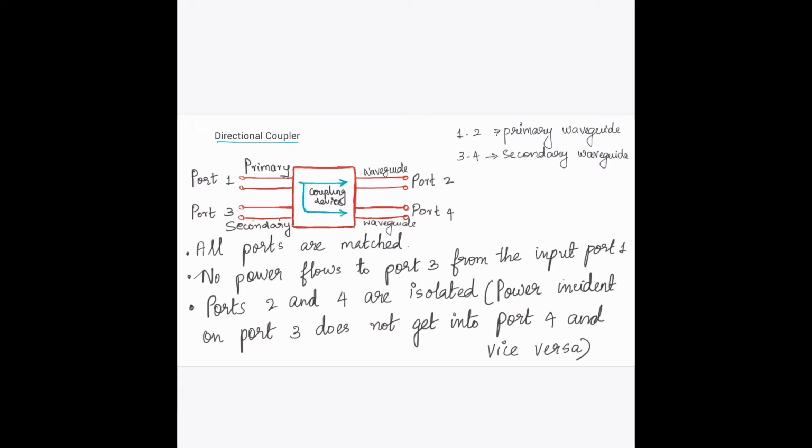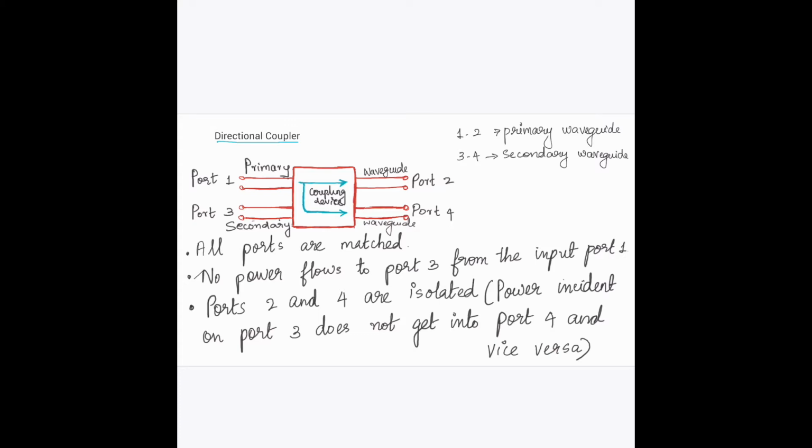There is free transmission of power without reflection between ports 1 and 2, and there is no transmission of power between ports 1 and 3, and ports 2 and 4, because no coupling exists between these ports.